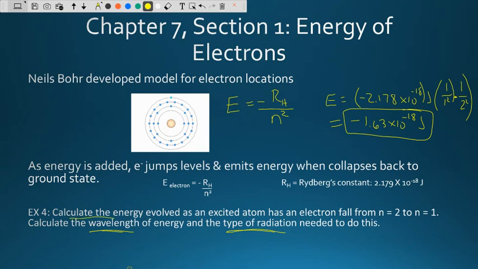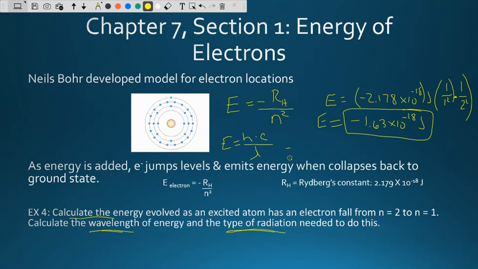The wavelength that's being given off then has to be a function of that energy. So the energy equals Planck's constant times the speed of light divided by wavelength, and that will give us our wavelength. All right, so 1.63.